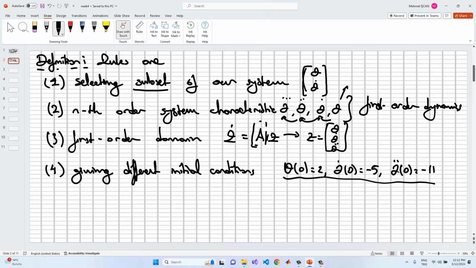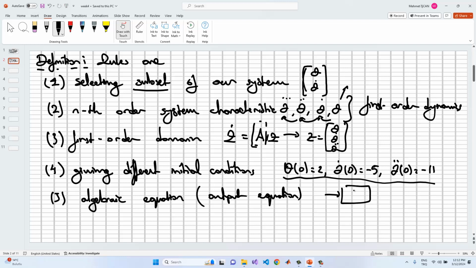Okay, and so we can also define the algebraic equation, for example the output equation. Just remember that if we have the transfer function, TF, then we can have the x for a given u.